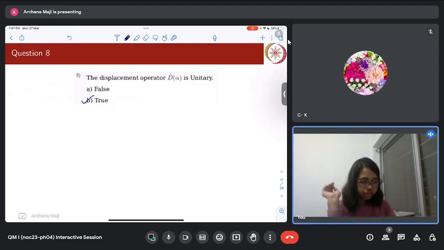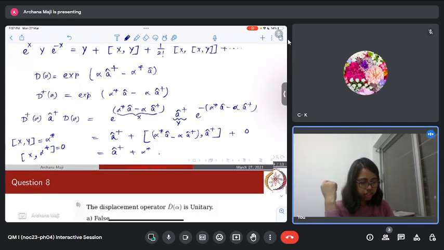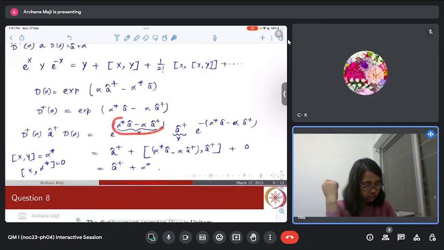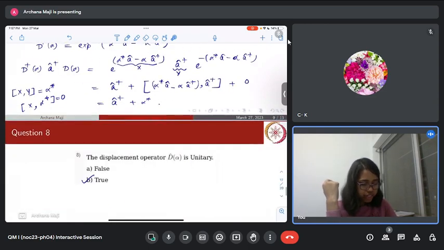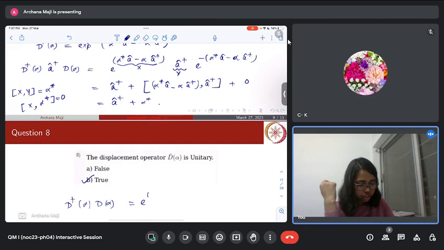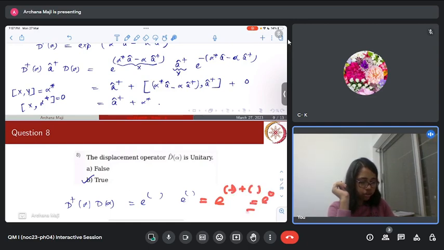I don't need to explain it, because D dagger you can see already, it's just this thing, and when you multiply these two, it is again exponential A times exponential B. So when you do D dagger D, you will get exponential of something times exponential of something, but that something is nothing but the same, apart from a minus sign. So you can write that something plus the other thing, and you will get exponential of 0, which is nothing but 1.